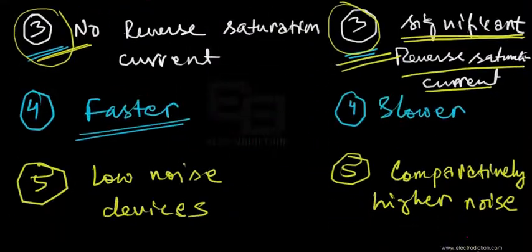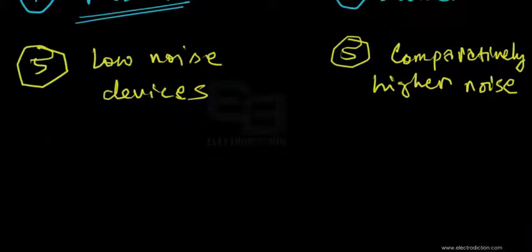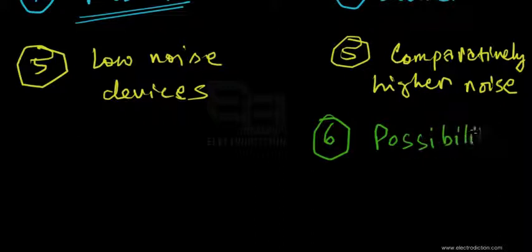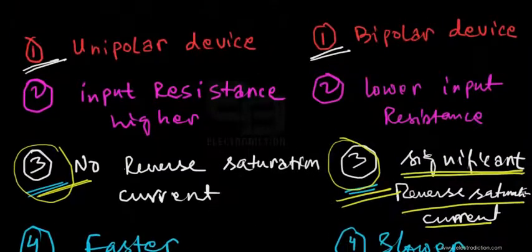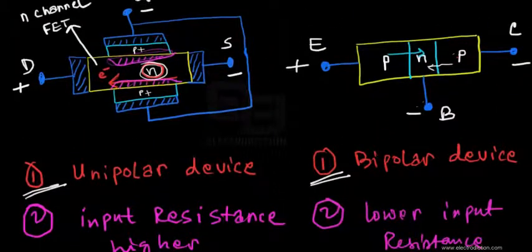If the BJT is reverse biased to a very high extent at the collector terminal, it would undergo thermal runaway. So I'll put it like this: there is a possibility of thermal runaway. When thermal runaway occurs in a BJT, the BJT burns out. So that's the end of the device.